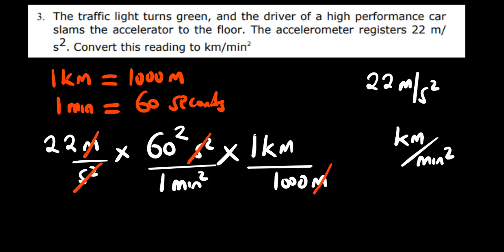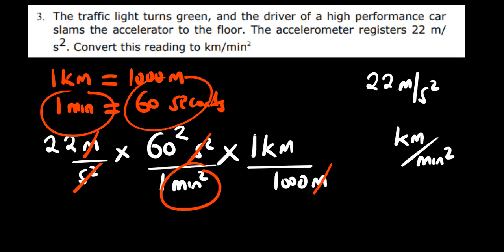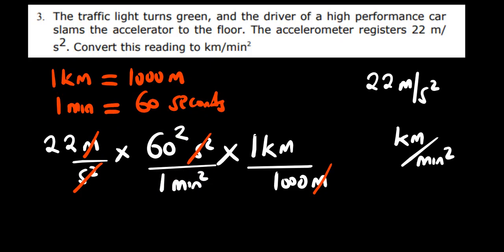We've squared 60 because you know that 1 minute is equal to 60 seconds, but now this is minute squared, so we have to square it. That's why I've squared the 60 as well.